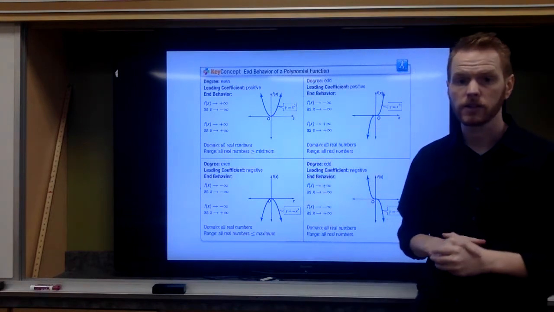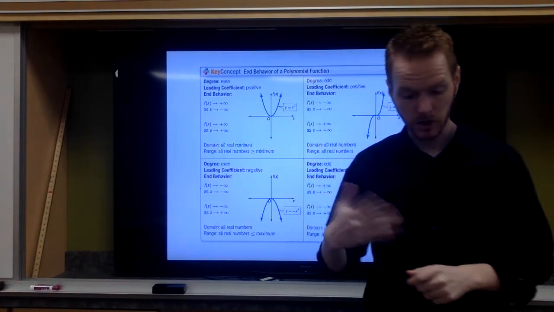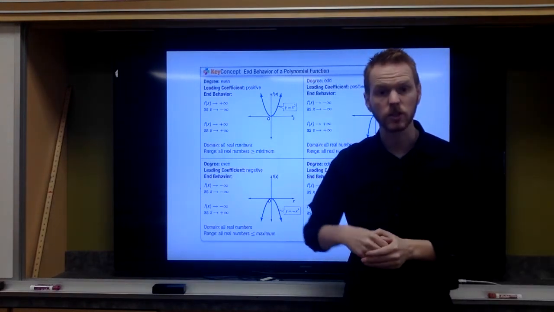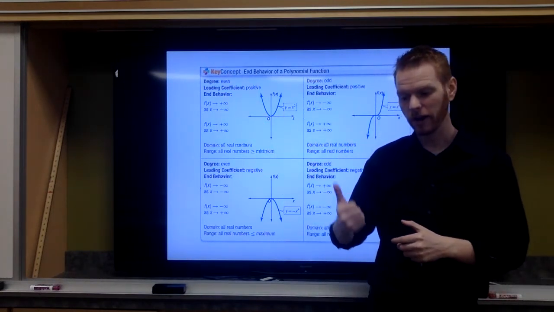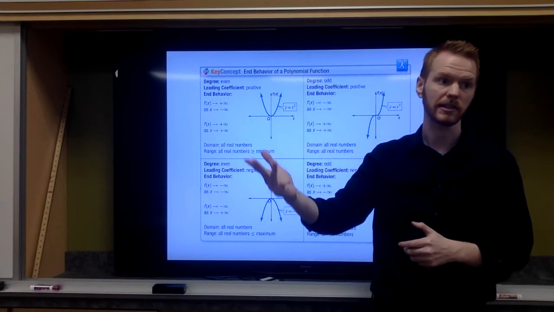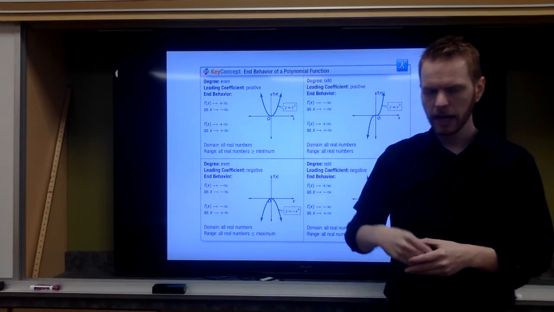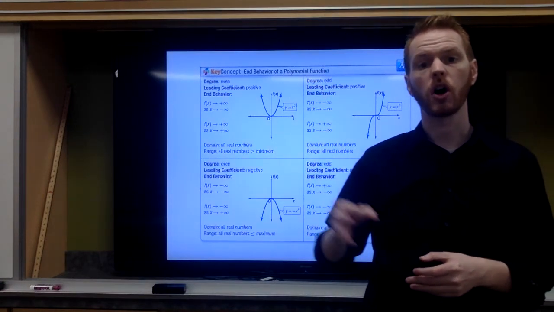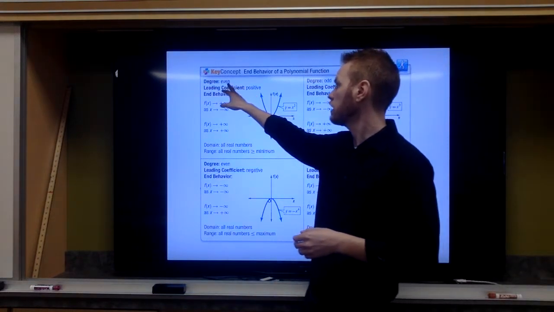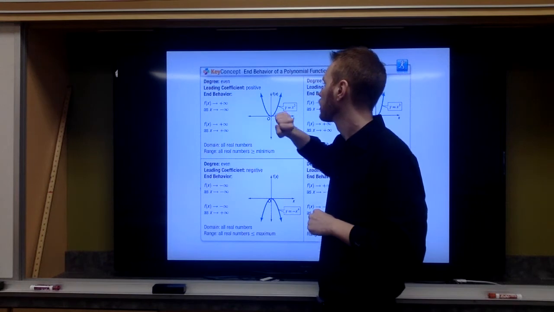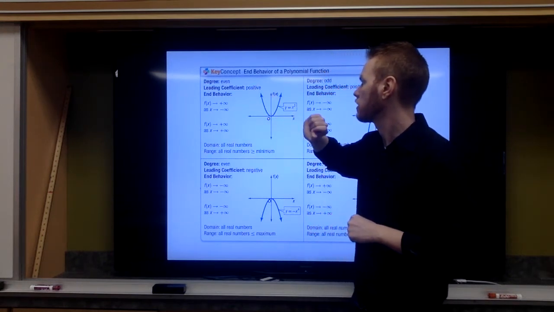If it's an even function, even functions, as you could imagine, are degrees where the powers are even. That would be x squared, x to the fourth, x to the sixth, and so forth. Their end behaviors are the same. Let's say it has an even power and the leading coefficient is positive.